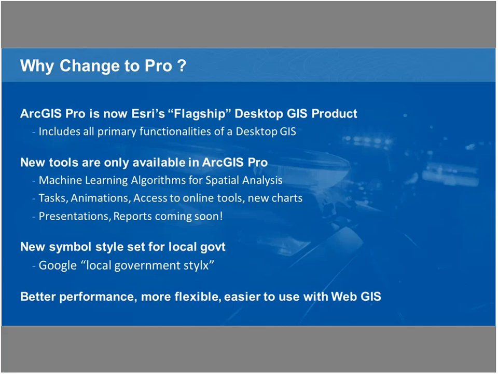We have new machine learning algorithms for spatial analysis, new task animation, new online tools, and we're working in the near future on a presentation and reporting tool. Pro also includes new symbol style sets for local government and new color schemes. And overall, it's got better performance, it's more flexible, and it's easier to use with your web GIS environment.